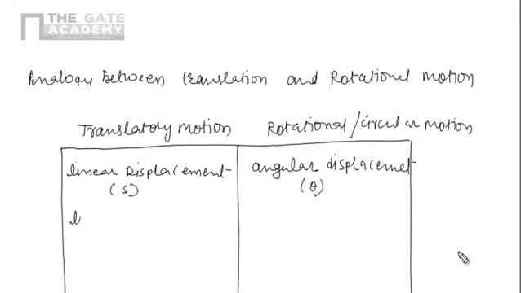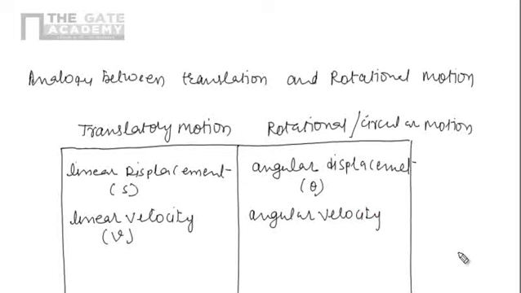Here we are interested in linear velocity in case of translatory motion. Linear velocity is generally denoted by u. Here we are interested in angular velocity, and we denote it by omega.